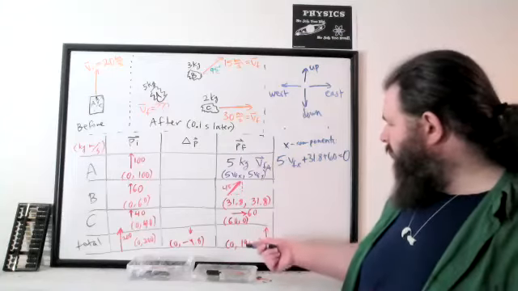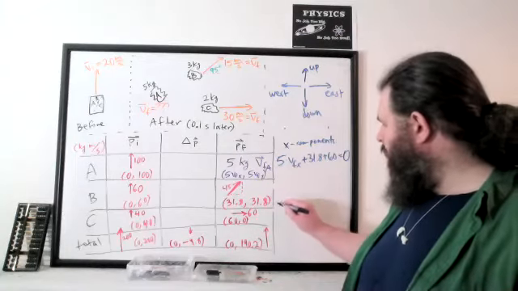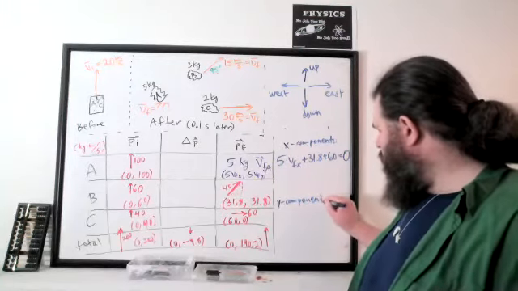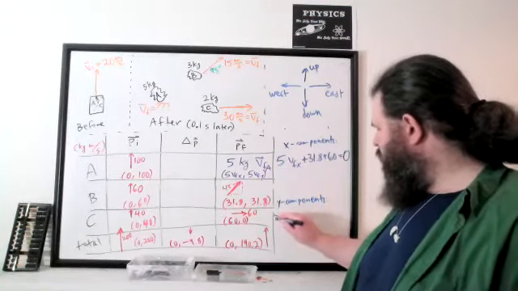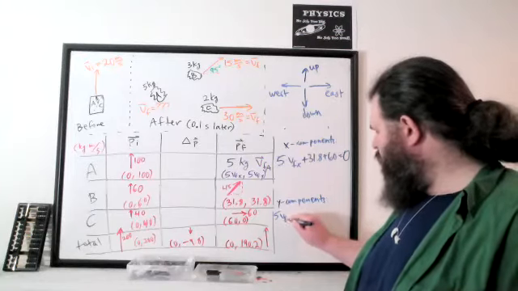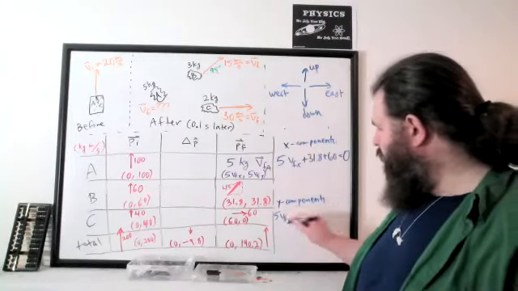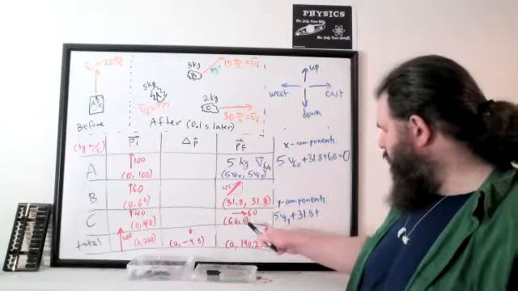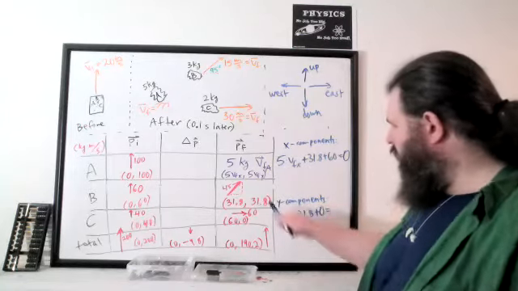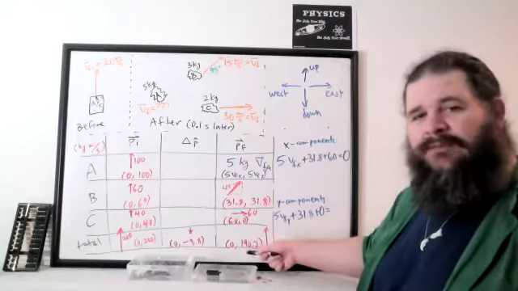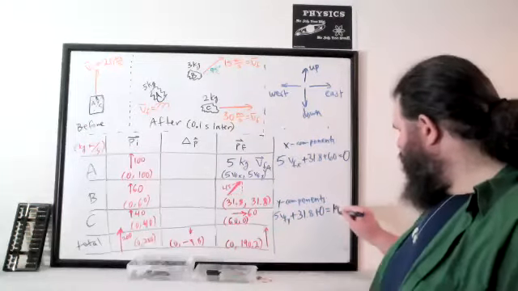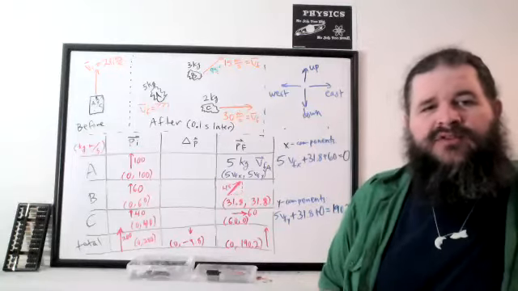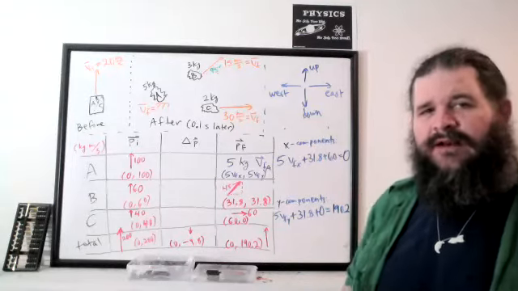And then if we take a look at the y components, we've got 5 times v final y plus 31.8 plus 0, and those have to add up to 190.2. So we now have two equations we can solve for the two unknowns, v final x and v final y.